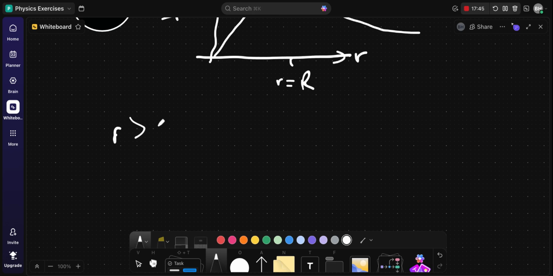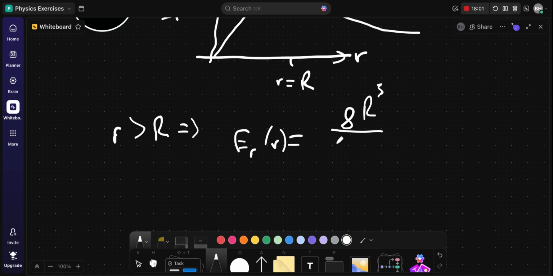For r greater than capital R, we had that E_r is equal to rho R cubed divided by 3 epsilon 0 r squared.